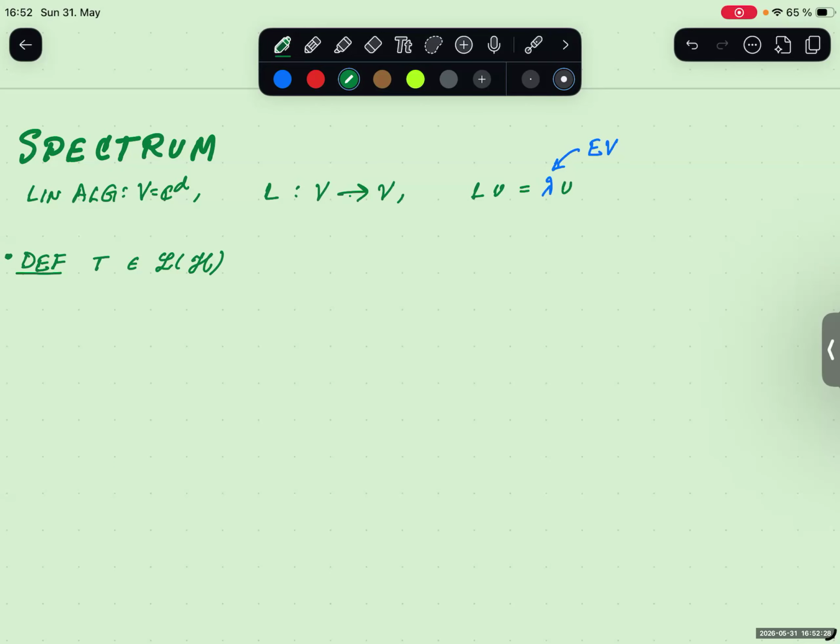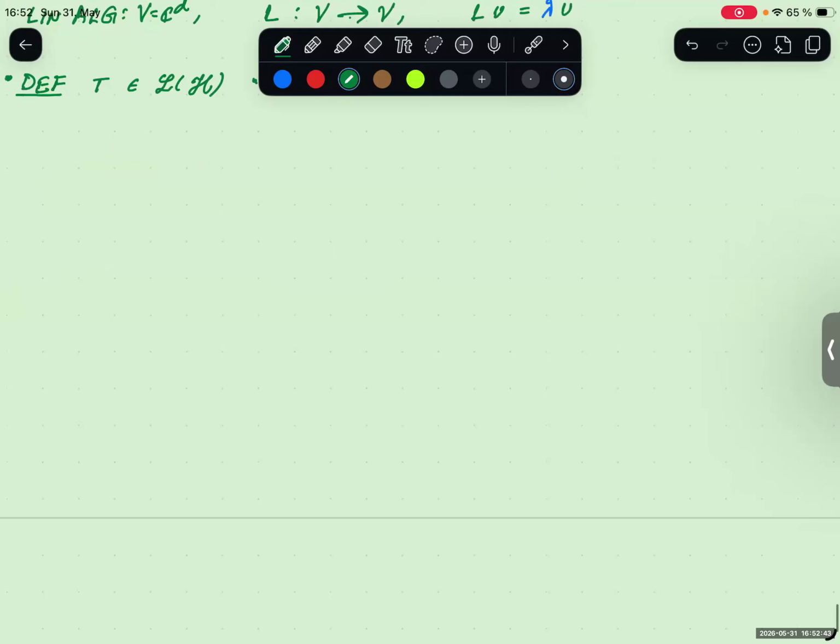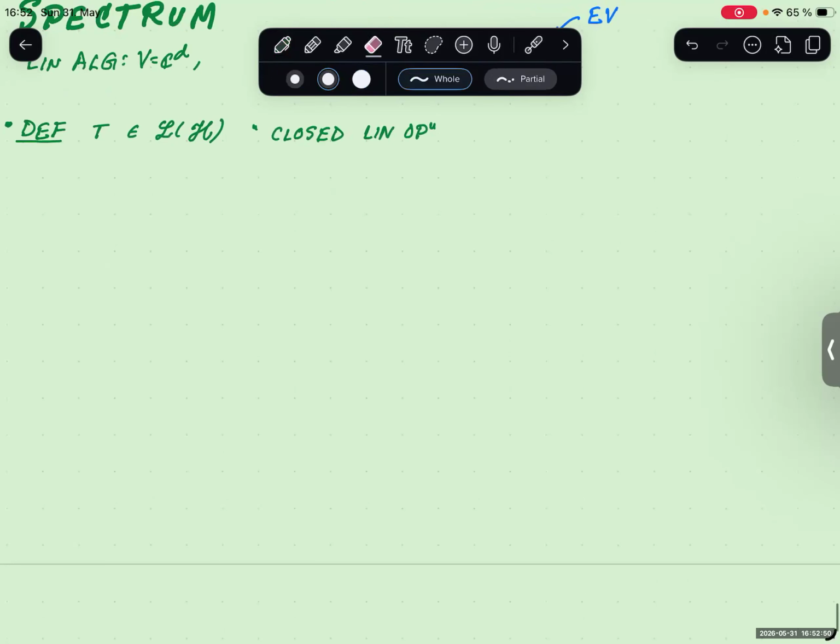Okay, so the first thing, I want to use L. I mean, T is not a problem, but so lambda is a complex number.